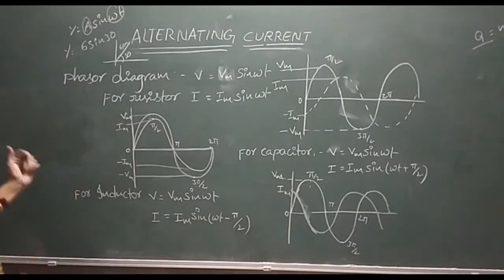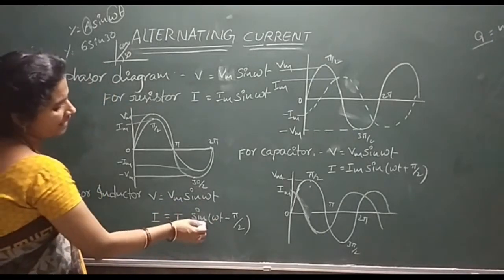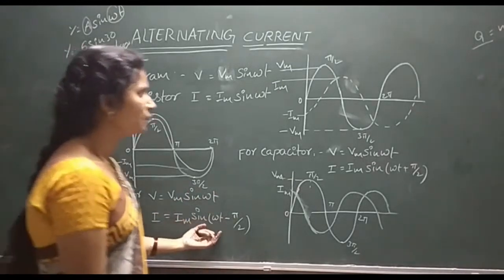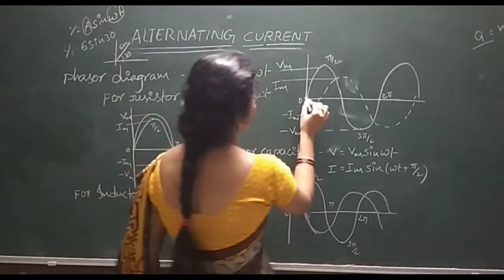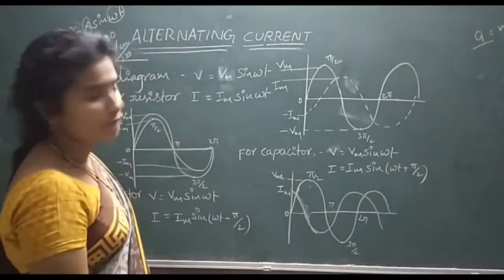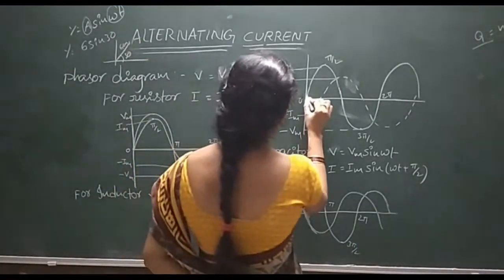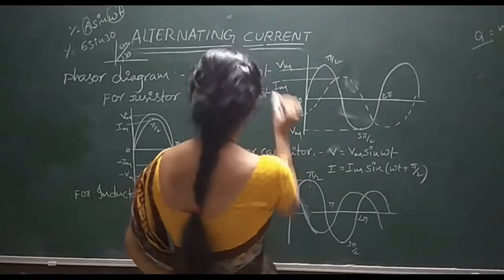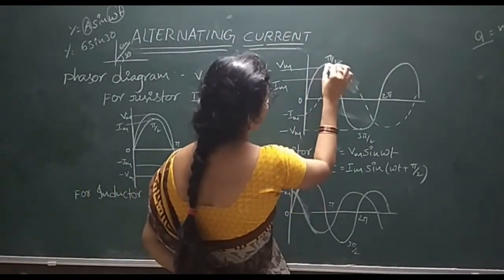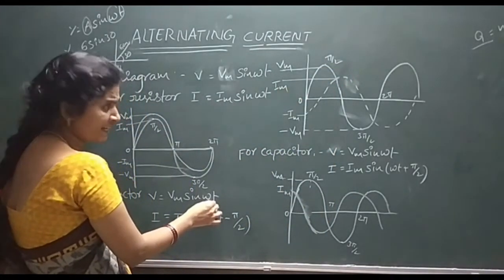Next, for the inductor, V = Vm sin omega t and I = Im sin(omega t minus pi by 2). We have to plot a graph between voltage and current. V = Vm sin omega t. Suppose omega t is 0, then sin 0 is 0.